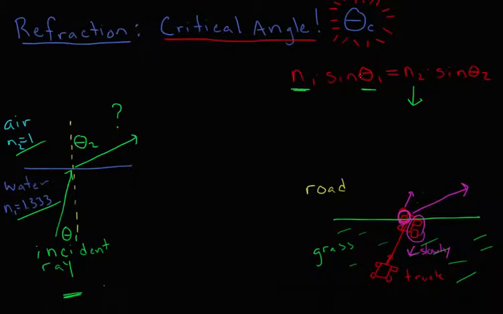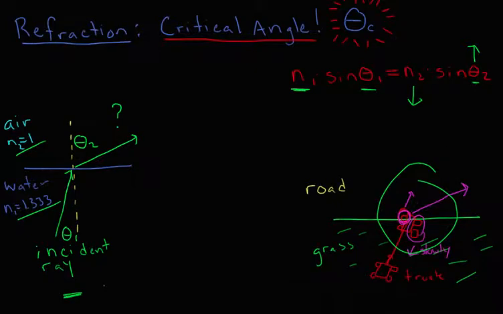So in order to maintain this equation, what's going to have to happen to this angle right here? It's going to have to go up in order to maintain the equality on both sides. Okay, so if your index of refraction goes down, then your angle has to go up. That's one way to think about it. The other way to think about it is the truck example.